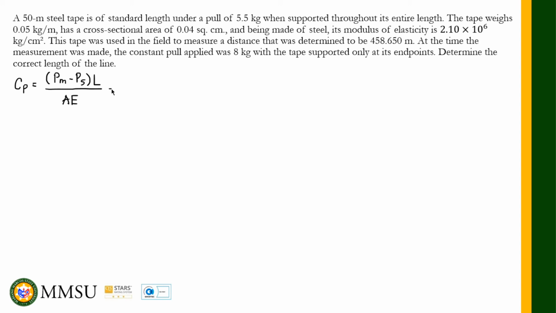So let us substitute na. So this is 8 kilograms minus the standard pull, 5.5 kilogram, multiplied by the total measured distance, that's 458.650 meters, and then divided by the area. The area is 0.04 square centimeters.